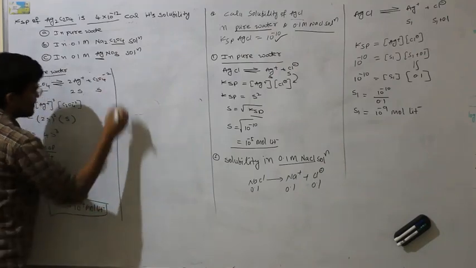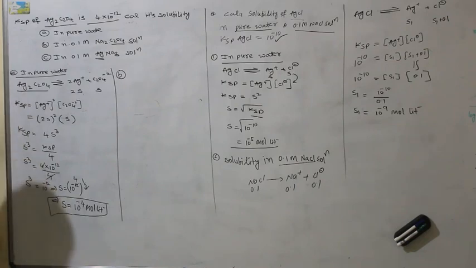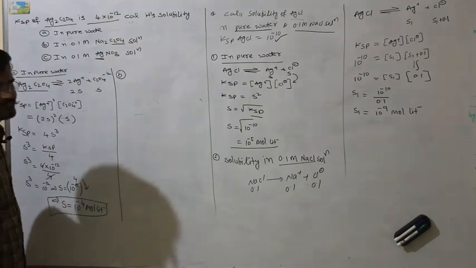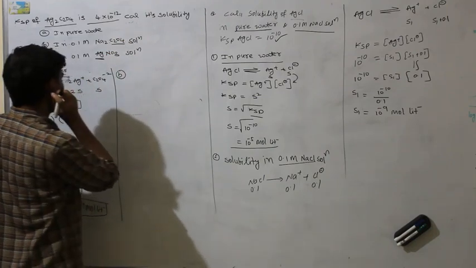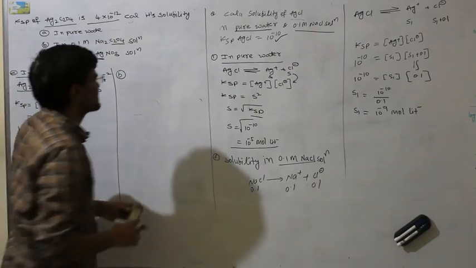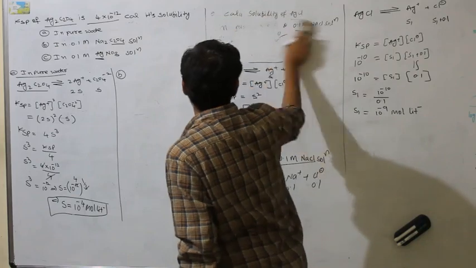Let's see the B question. What is given in B? In 0.1 molar sodium oxalate. So in sodium oxalate, the common ion is the oxalate ion.